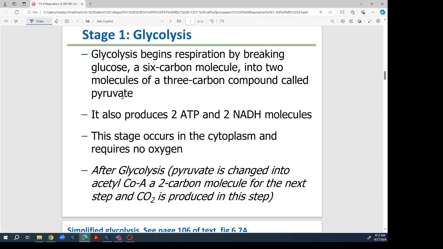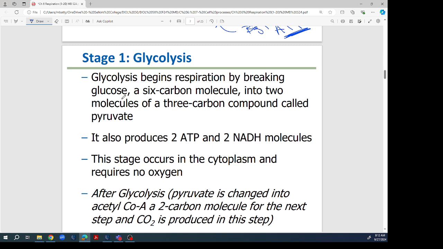So each of the three stages I have summarized into the words on a slide. So glycolysis, here I'm going to read through and highlight the key words. So glycolysis is breaking the glucose. It starts with glucose as a 6-carbon molecule and breaks it into two 3-carbon molecules. And so in this way, we've accounted for all of the carbon in glucose as a beginning point.